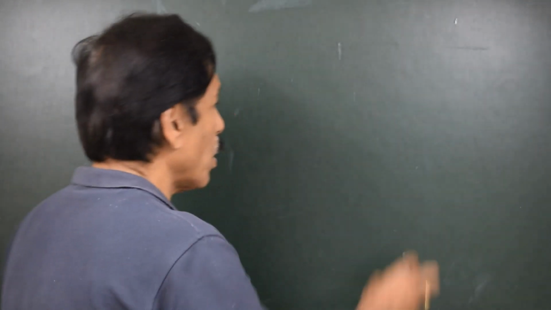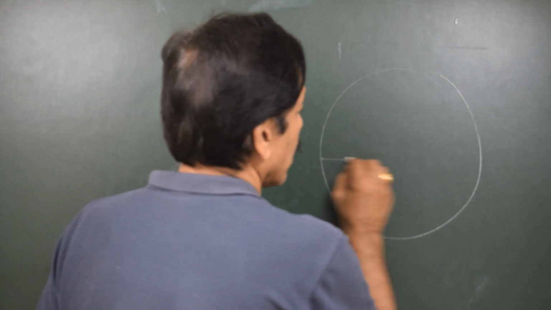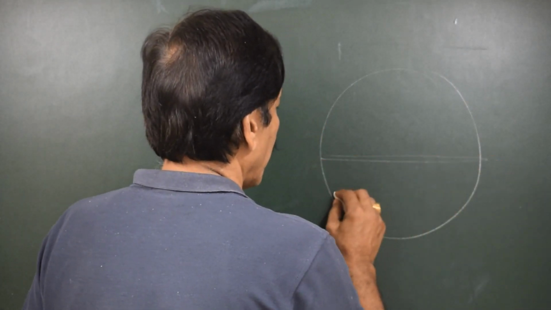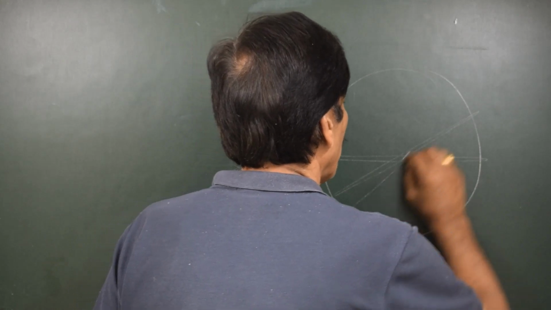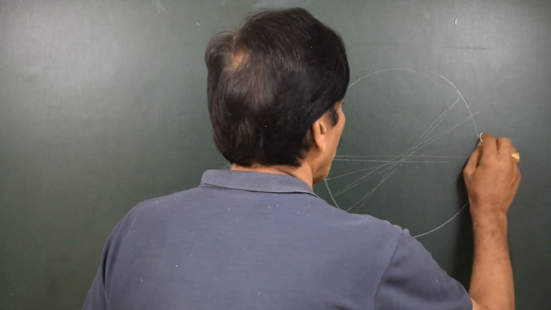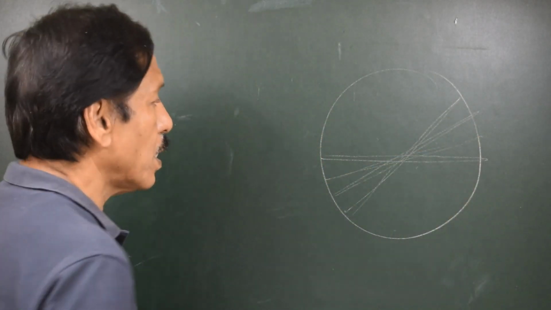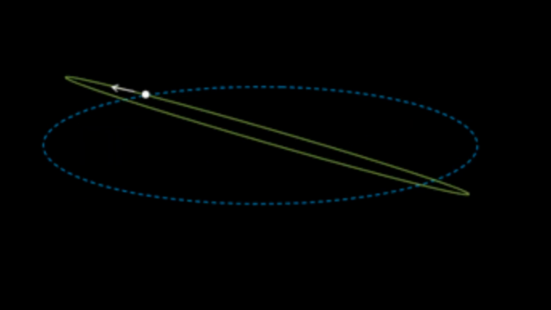So if we look at the equinoctial and ecliptic, sometimes the moon's orbit could be like this. At other times the moon's orbit could be like this. This is because the nodal points are regressing westwardly continuously.